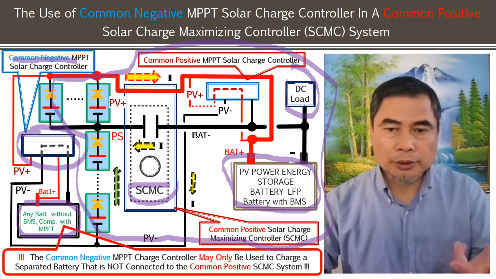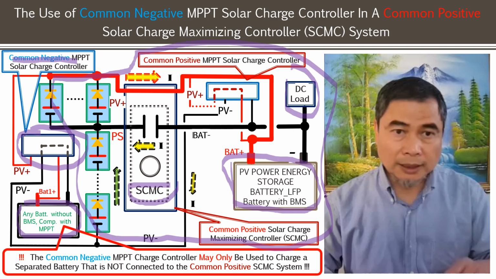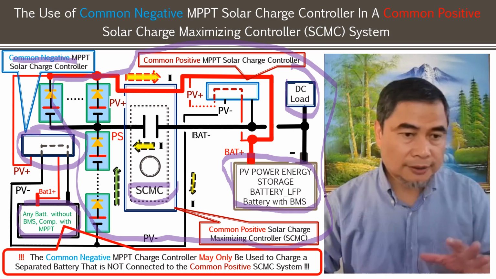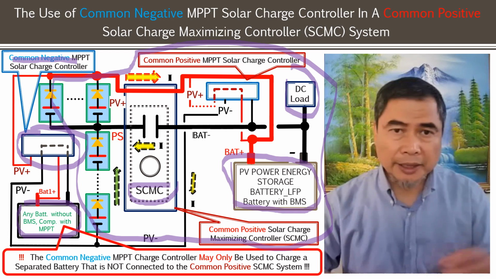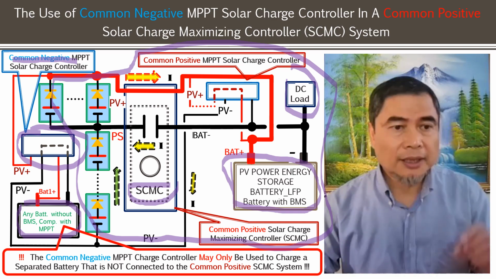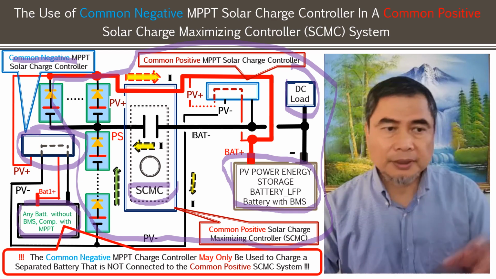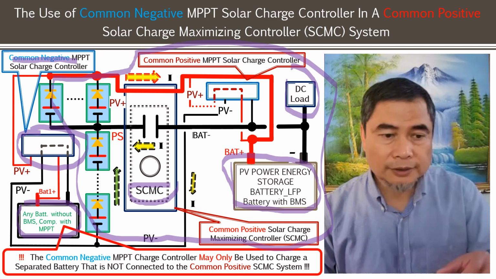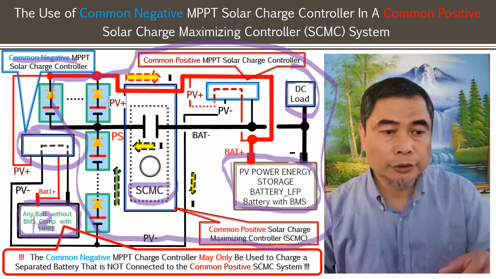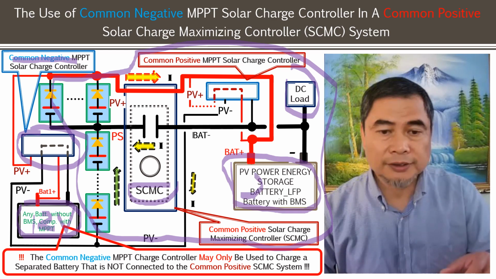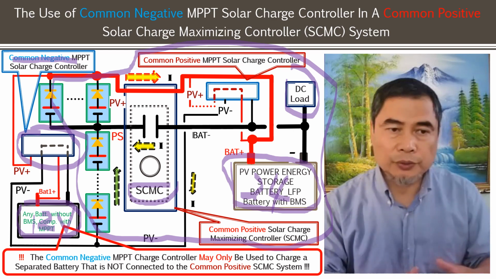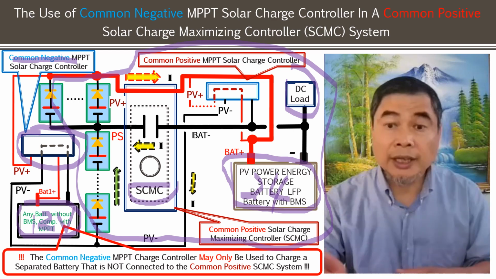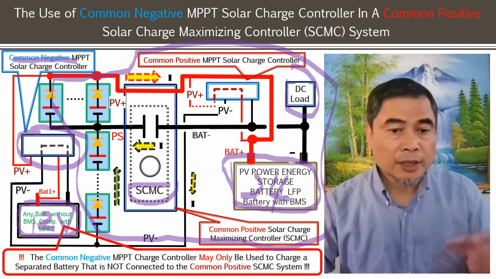You can power large inverters, but this is a smaller system, maybe a power pack that you want to carry around, with smaller capacity, charged by the MPPT solid charge controller. It can even be a 12 volt system, not used in the 24 volt system, because it is a separate, different thing. So it can be used, but you can never connect these two batteries together.